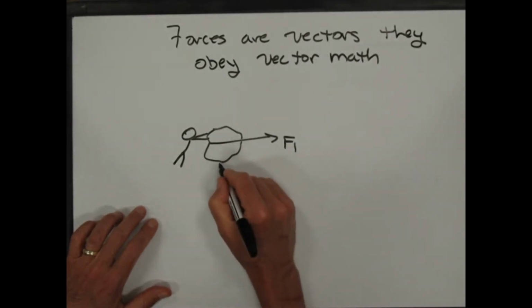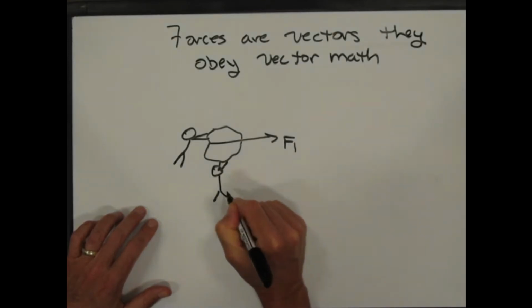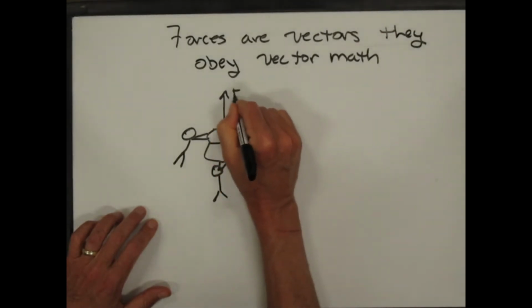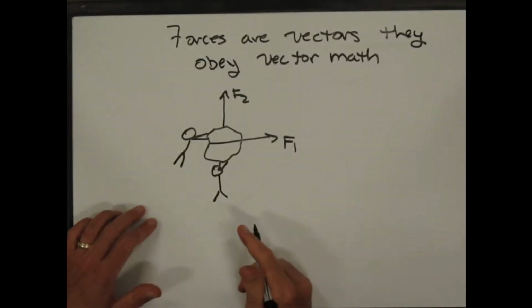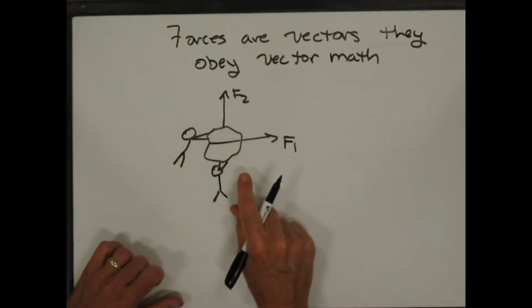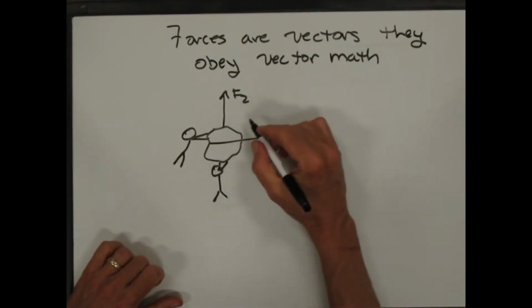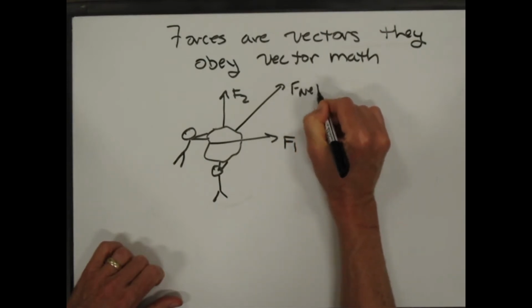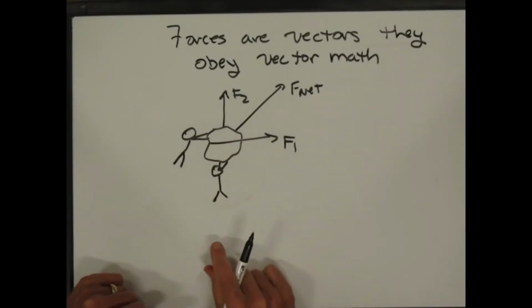And then somebody over here is pushing on this boulder this way, and we'll call this F2. And you might imagine that the net force on this boulder would be off in this direction, F net, if one of them's pushing this way and one of them's pushing this way.